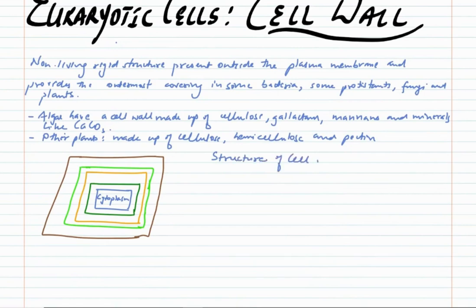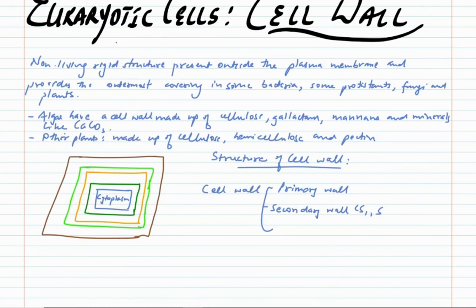Now talking about the structure of cell wall. Cell wall has three components. One is known as the primary cell wall. The other is the secondary cell wall, which is represented by S1, S2, S3, etc. And the other is the tertiary wall.